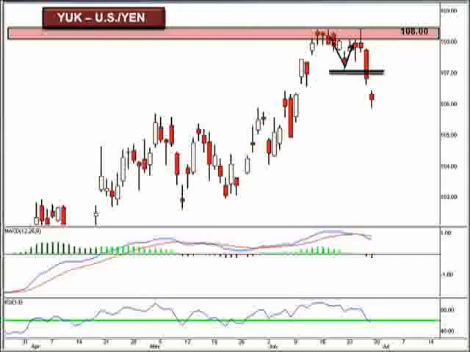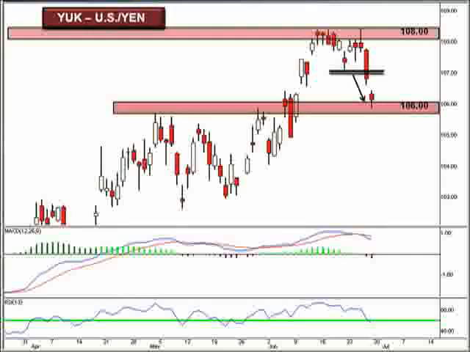Instead, what we saw was a break below our previous pivot at the 107 and a nice little drop down to the support level that we'd identified at the 106. Currently, we are seeing a little bit of support develop in this area, and if that holds, we're likely to see a retest of the 107.